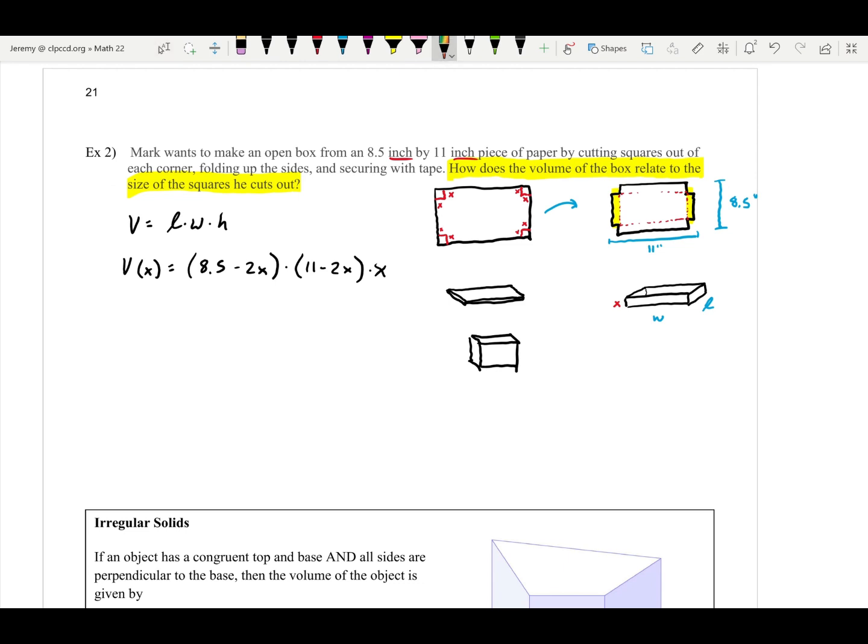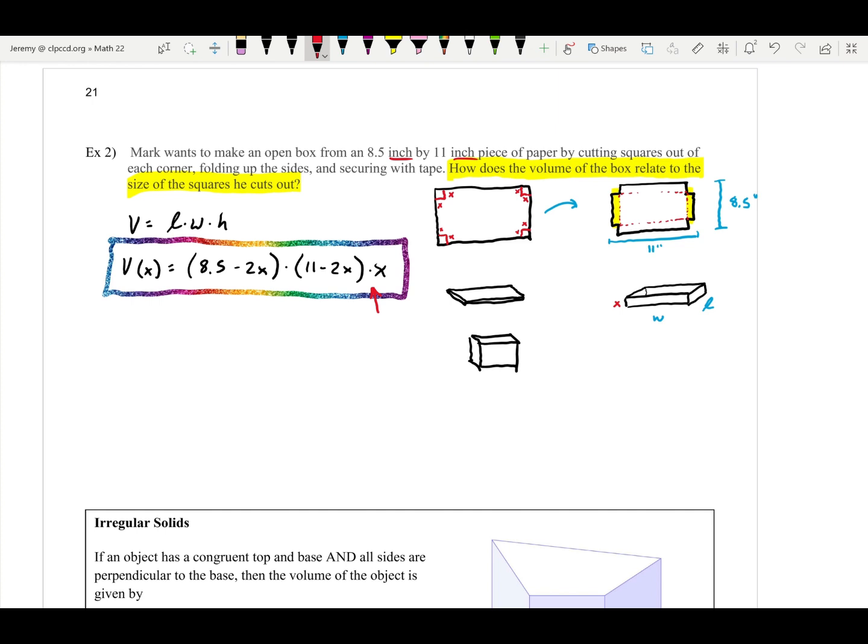Okay, and we're done because we just wanted to find some formula to relate the volume of the box to the size of the squares that were cut out. And there it is. Maybe I could just note that volume is a three-dimensional measurement.